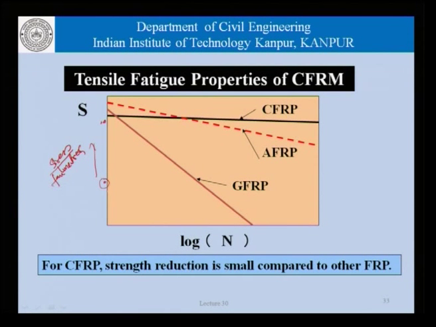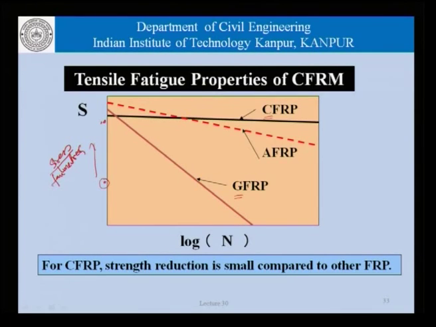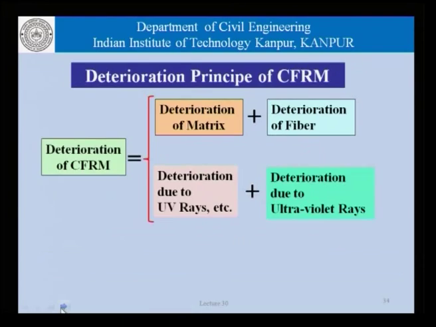Naturally, if the stress levels are lower, the number of cycles to failure is higher, and if the stress levels are high, the number of cycles to failure is low. If we study this SN curve for the different fibers, we find that the glass fibers are most vulnerable as far as fatigue loading is concerned. Comparatively, the carbon fibers show much better performance.